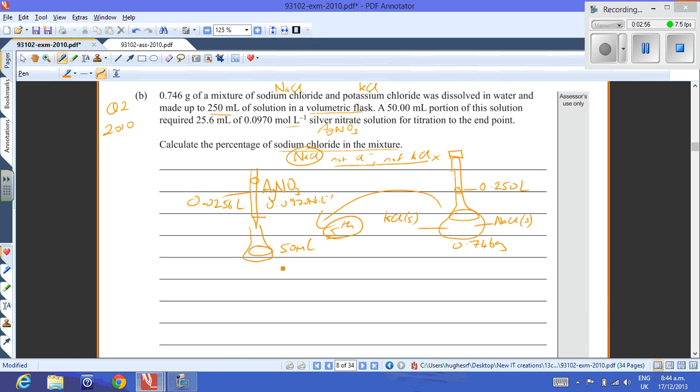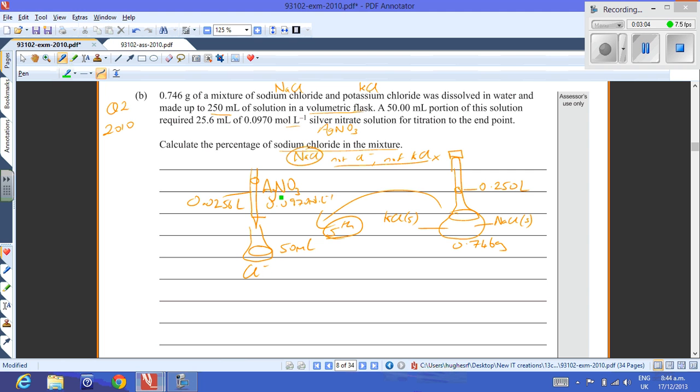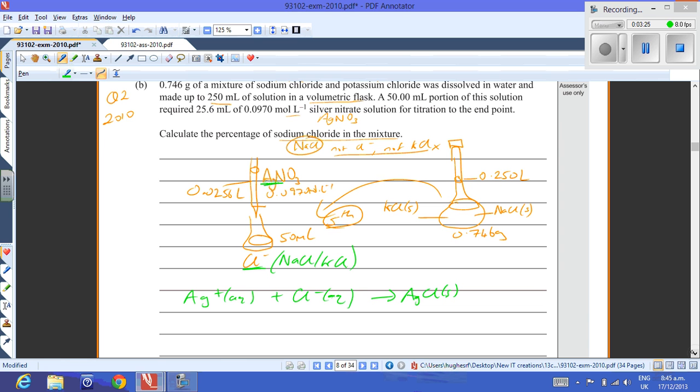So the equation for what's happening here is the titration between silver ions from the silver nitrate and chloride ions, which came from the NaCl or the KCl dissociation in water: silver ions aqueous plus chloride ions aqueous form silver chloride solid. And you should remember this from level 2 with your ions in solution.